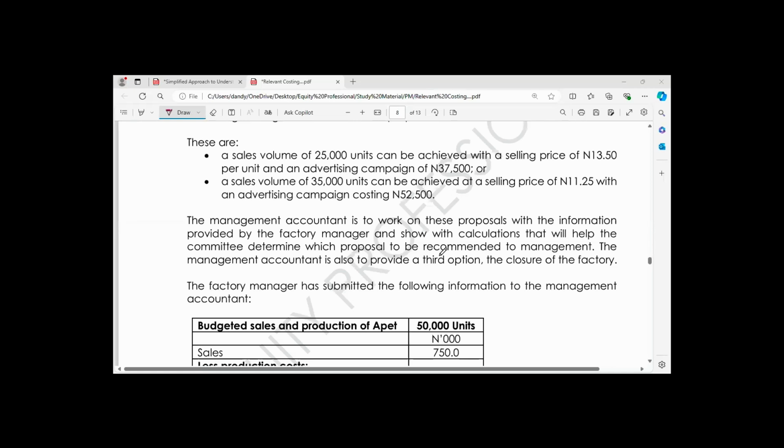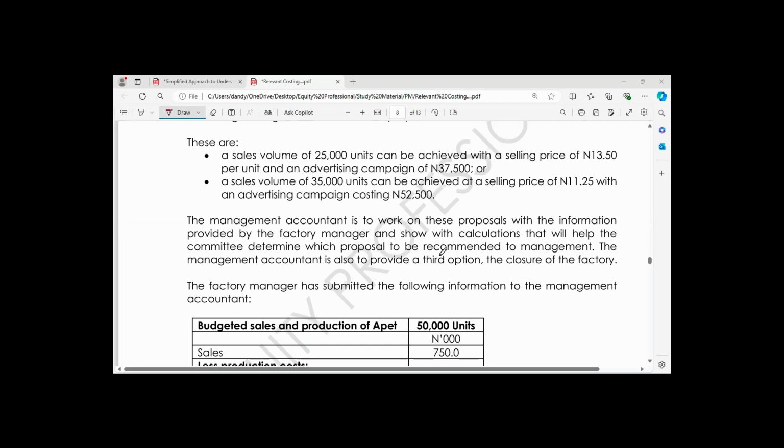Or 2, a sales volume of 35,000 units can be achieved at a selling price of 11 naira 25 kobo with an advertising campaign costing 52,500 naira. The management accountant works on these proposals with the information provided by the factory manager and shows with calculations that will help the committee determine which proposal to recommend to management.